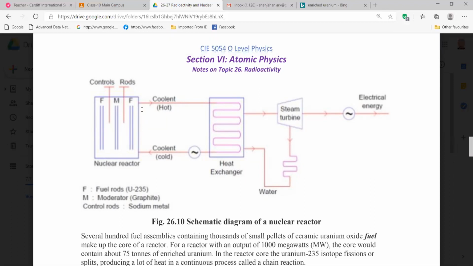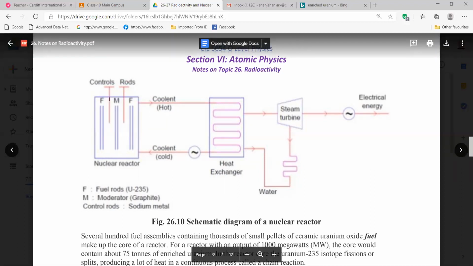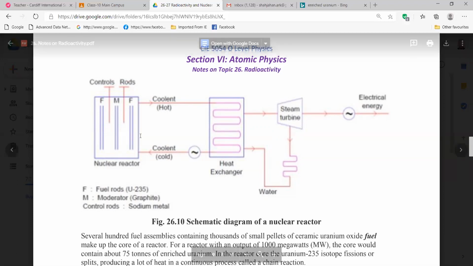In a nuclear power station, we use a nuclear reaction to get the heat energy. That heat energy is then used to do the other steps. Okay, you got the similarity of nuclear power stations and conventional thermal power stations. Is it clear, everyone? Yes, sir.